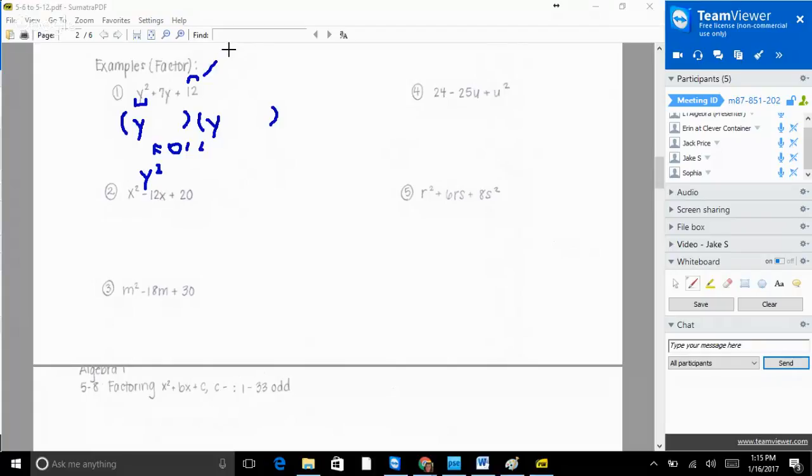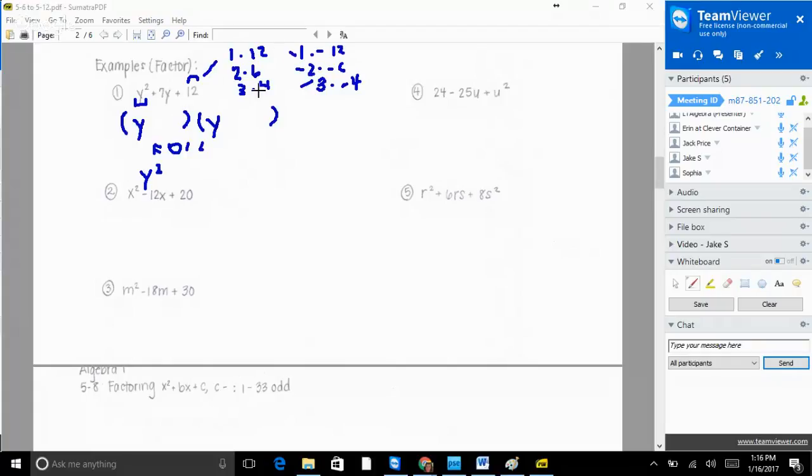So 12 could be, and it's a positive 12, 1 times 12, 2 times 6, or 3 times 4. Or it can be negative 1 times negative 12, negative 2 times negative 6, and negative 3 times negative 4. So all of these make positive 12.